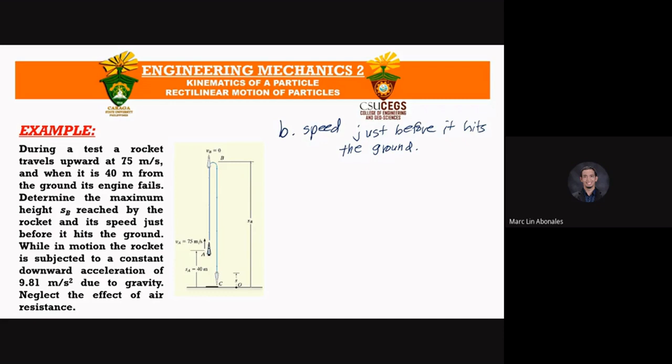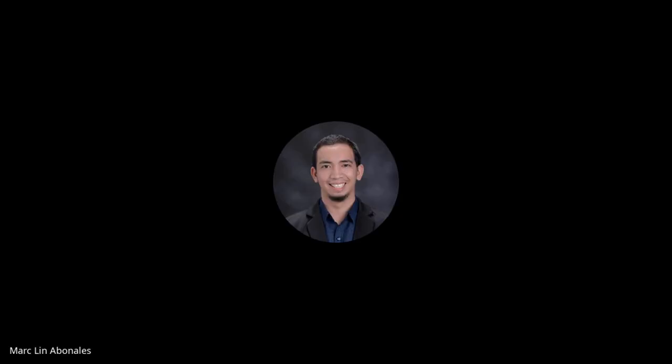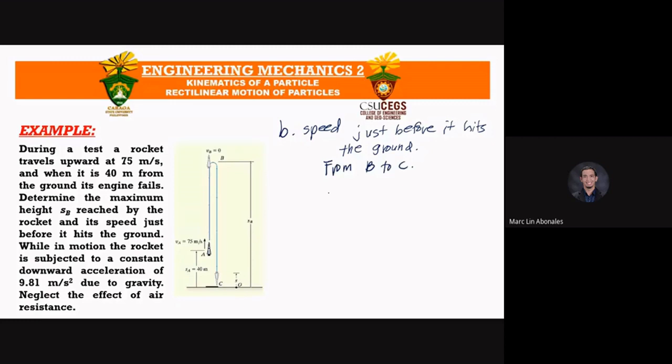But for this, to make it easier, we consider from point B to point C, since it is the motion from the upward motion going downward back to the ground, so it is a downward motion. So from B to C. The same thing as what we did, VB is still 0.